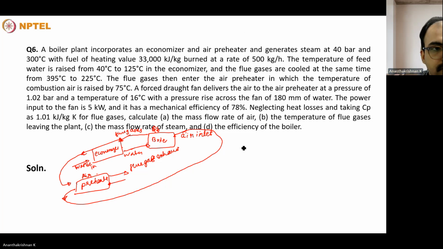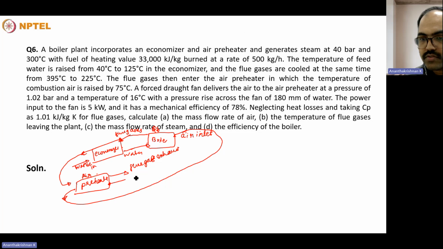And in the second part of the problem, we need to calculate the temperature of the flue gases leaving the plant.